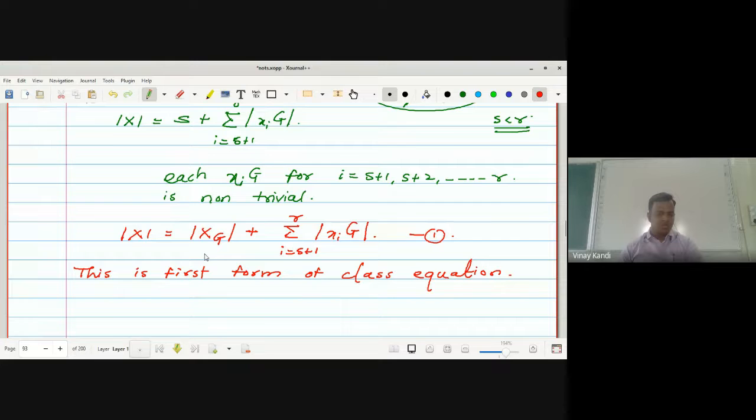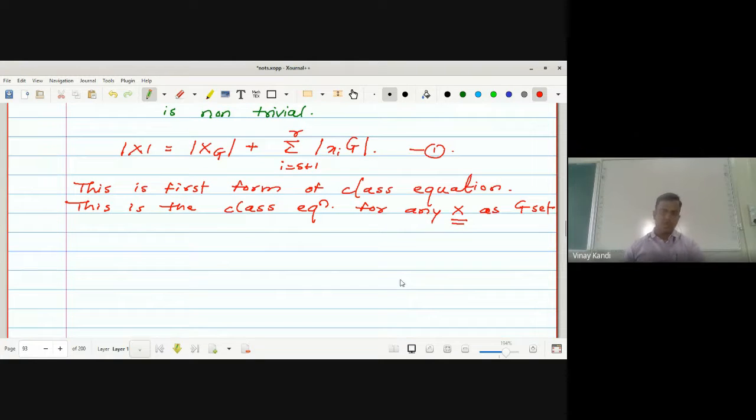Any doubt up to here? Okay, so this is the class equation for any G-set X. Okay, हा class equation कोणाचा आलाय? X आलाय. Okay, so in particular, suppose assume this X is G.